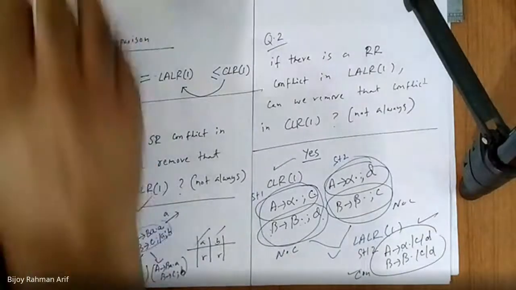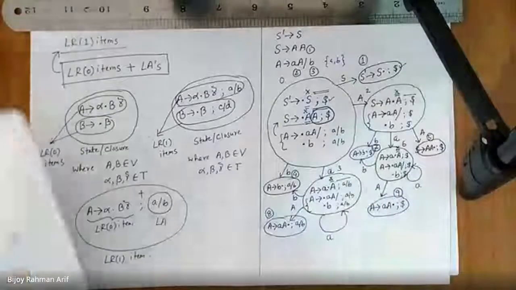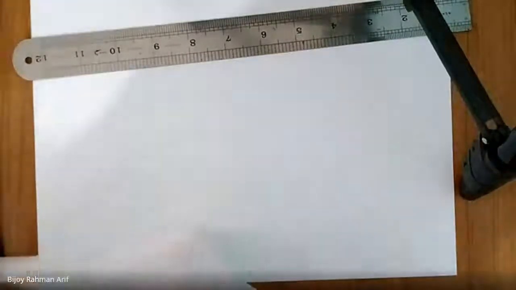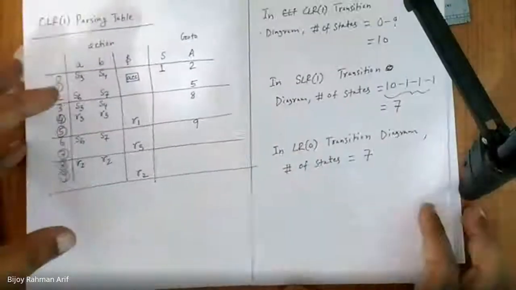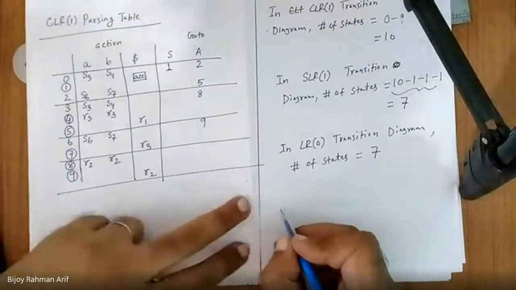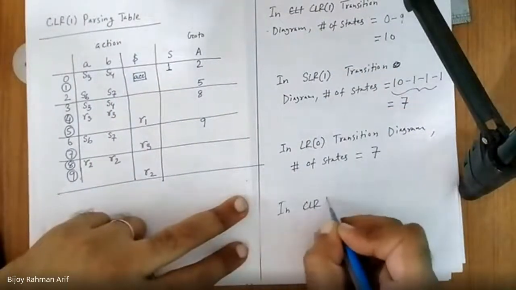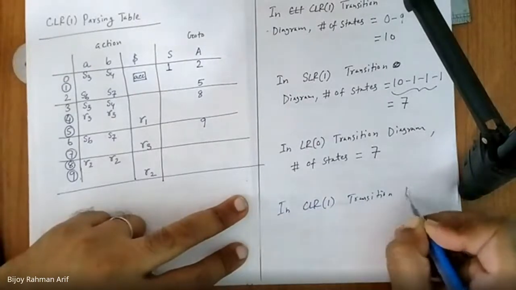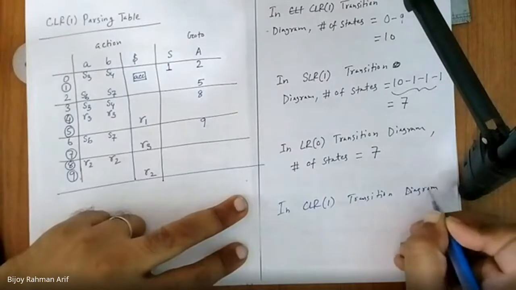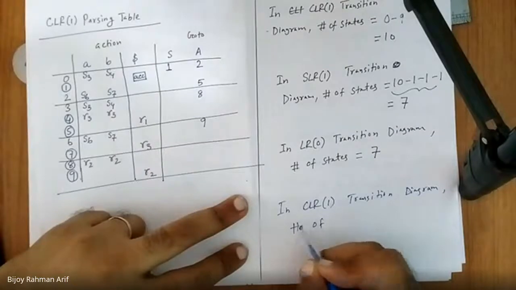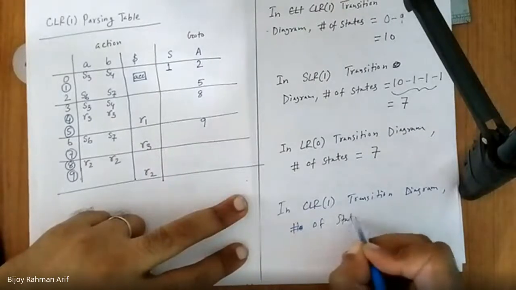Do you have any question you can ask me? Any question you can ask me, please. So, in this case also, in the CLR1 transition diagram, number of states, yes.